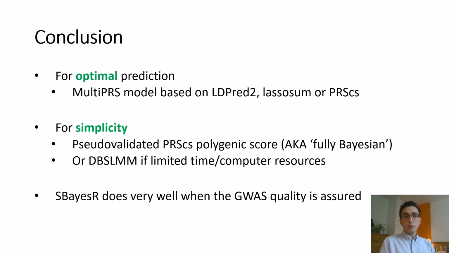Alternatively, if you need to compute polygenic scores for many GWAS or have limited time or computer power, then DBSLMM is a fast and good alternative. Although SBayesR does very well when the GWAS summary statistics quality is good, its sensitivity to that quality means it doesn't always perform well when using the largest meta-GWAS results.